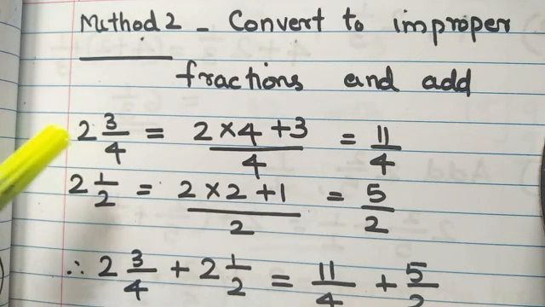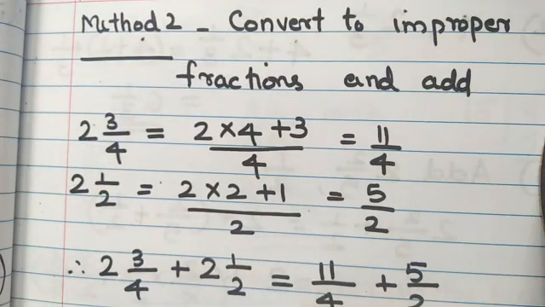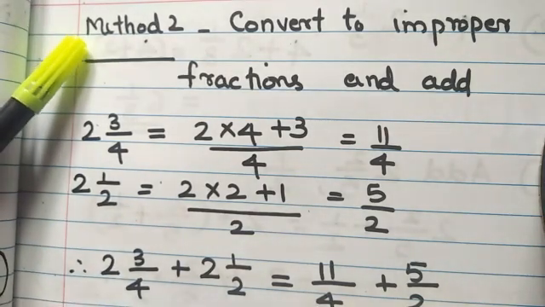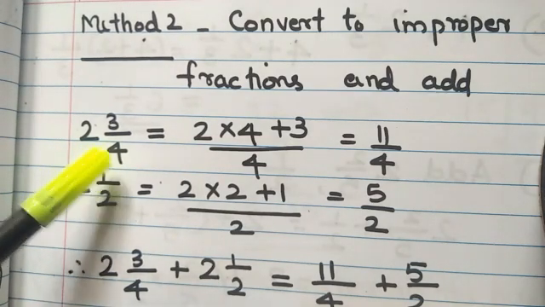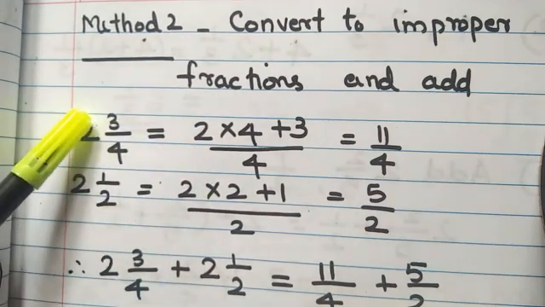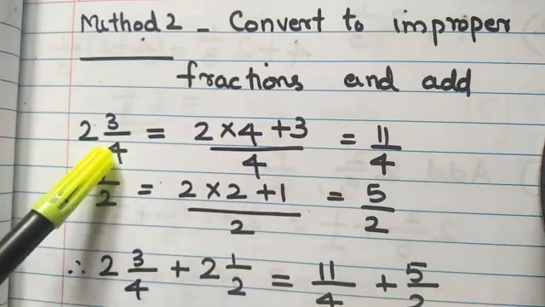So here, 2 3 by 4. The last fractions we are adding here using the second method, that means converting into improper fractions. Here 2 3 by 4: how will we change into an improper fraction? 2 into 4 plus 3, all divided by 4.